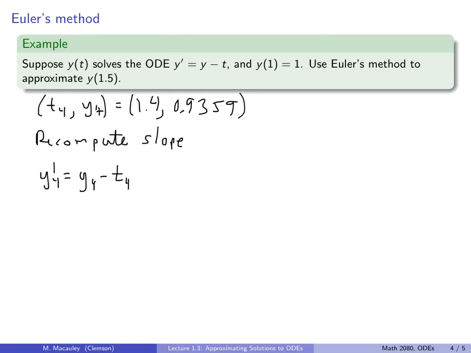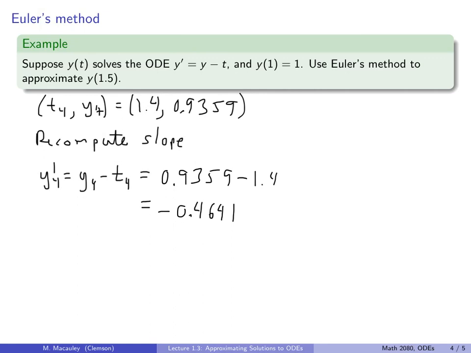So that's our previous y value minus that, so 0.9359 minus 1.4, and that is negative 0.4641.